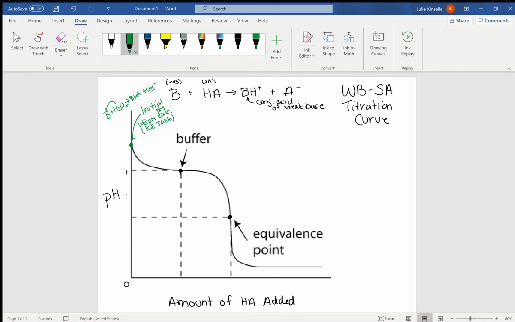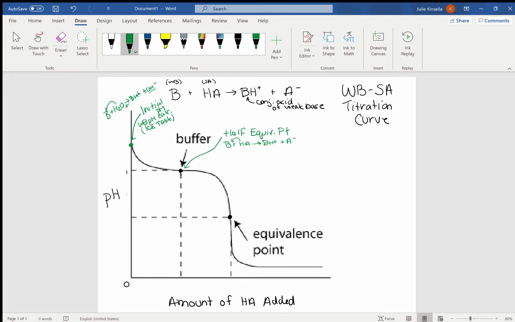All right, if you look at halfway to the equivalence point, that also exists on a weak base strong acid titration curve. So here's my half equivalence point. If you think about the reaction that's happening between the weak base and the strong acid, where that proton's being donated, you're forming its conjugate.